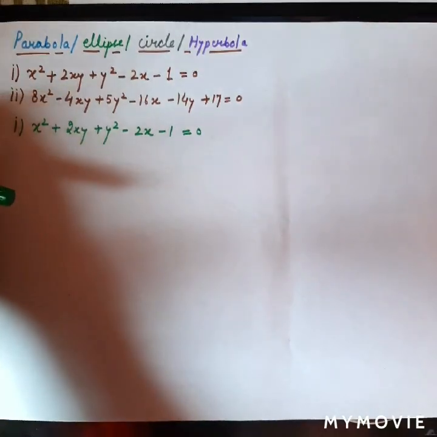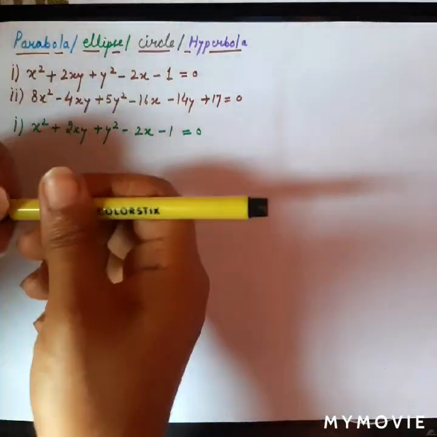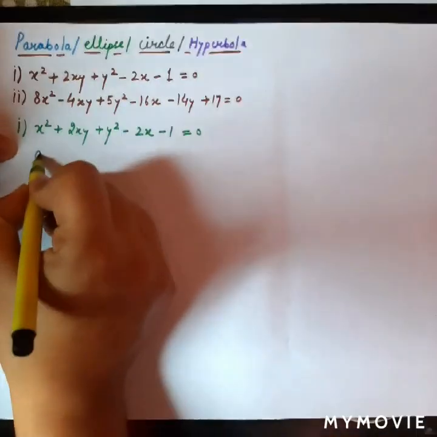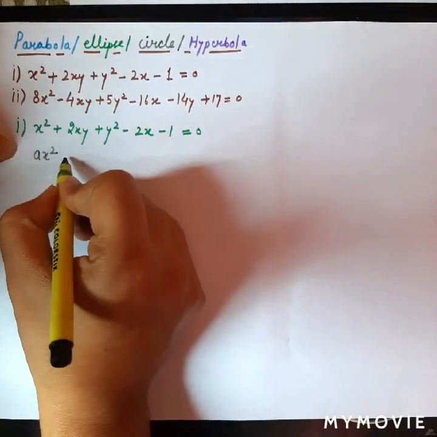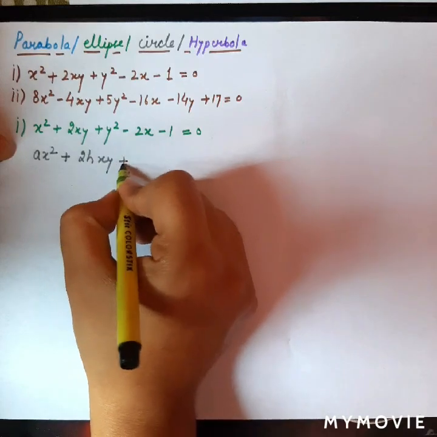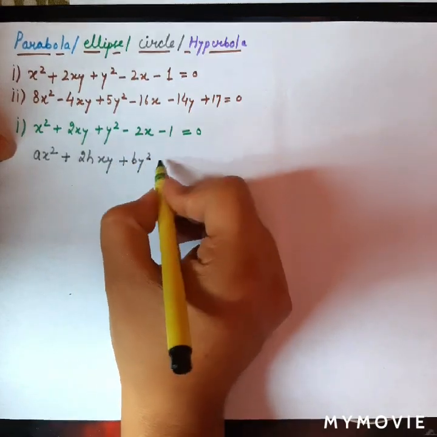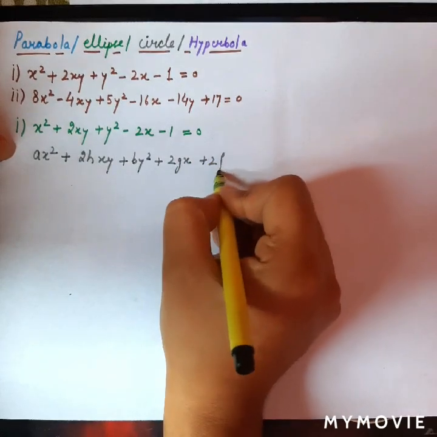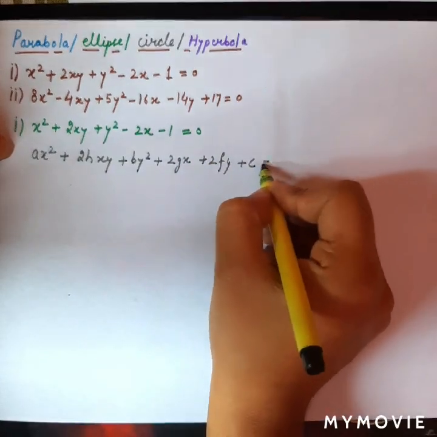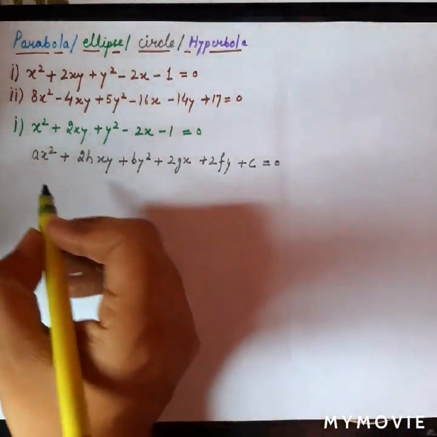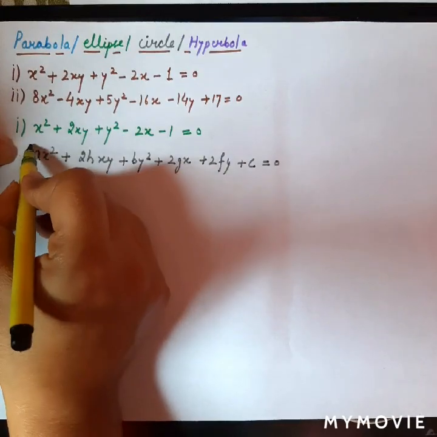The equation that we will always use is ax square plus 2hxy plus by square plus 2gx plus 2fy plus c is equal to 0. You have to keep this equation in your mind.